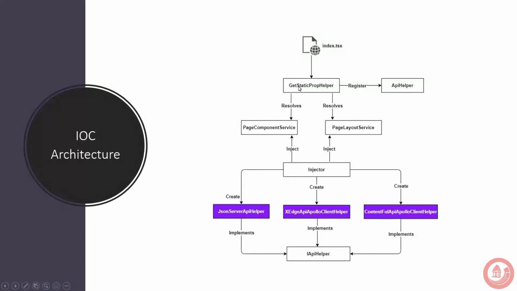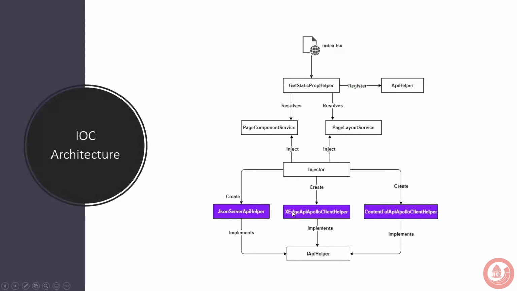But basically, when a static generation happens, it actually calls the get static props helper in every page. And in the get static props helper, it registers the API helper. So it decides which API helper to be used. Once this is registered, there are a couple of services where it injects that helper.